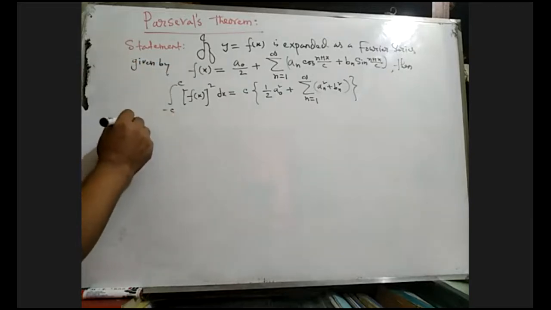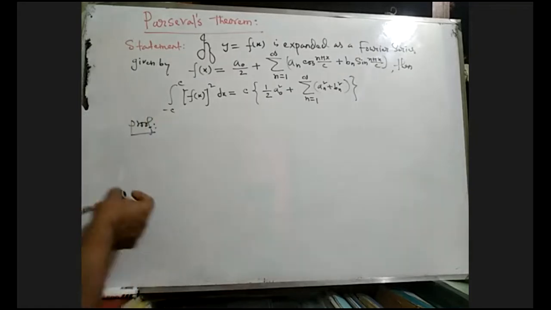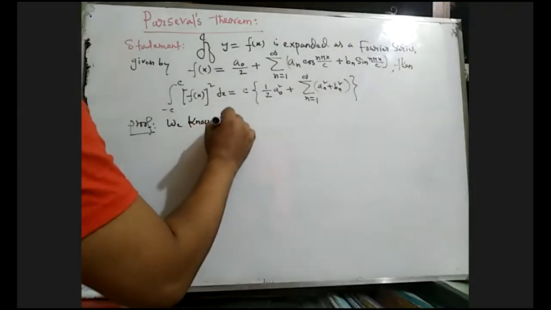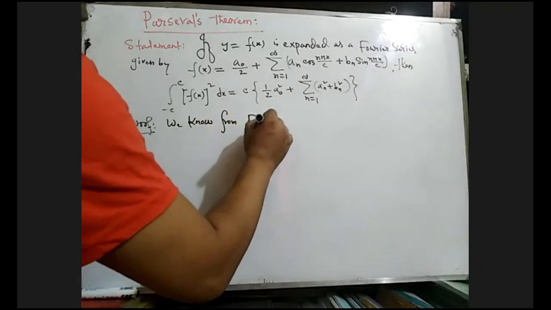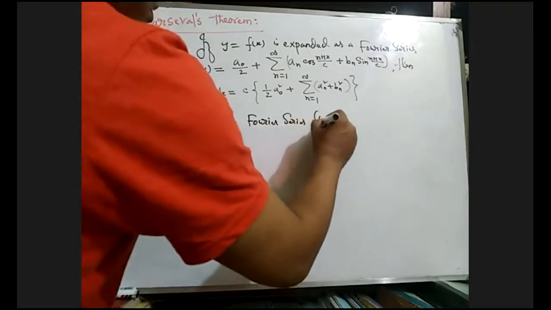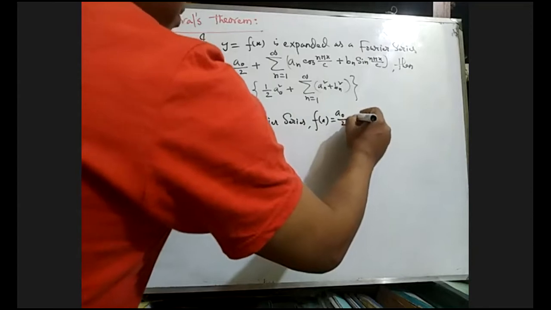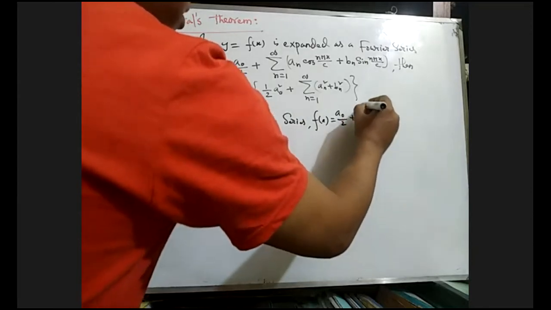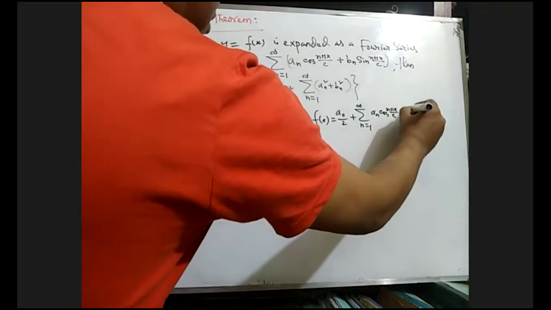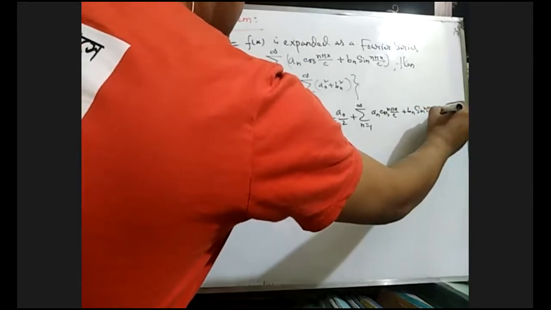Now, proof. We know from the Fourier series, f of x equals a naught by 2 plus summation n equals 1 to infinity a n cos n pi x by c plus b n sin n pi x by c.